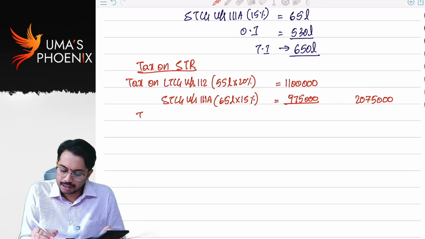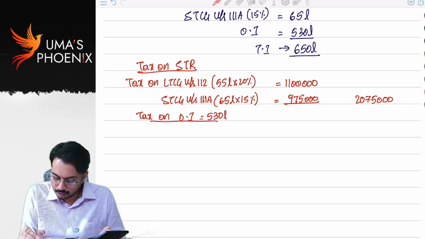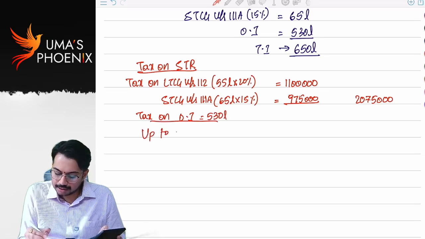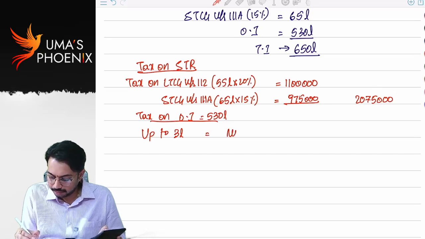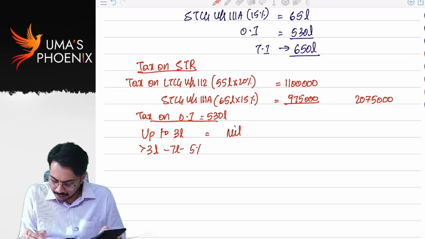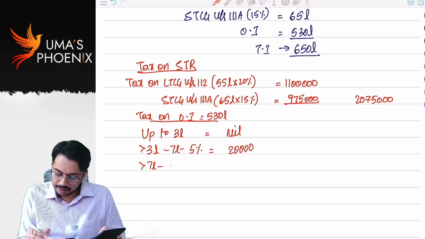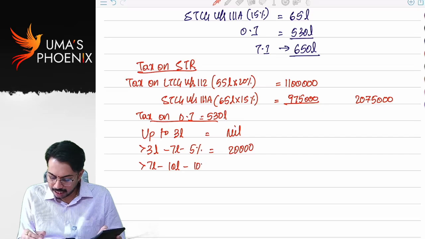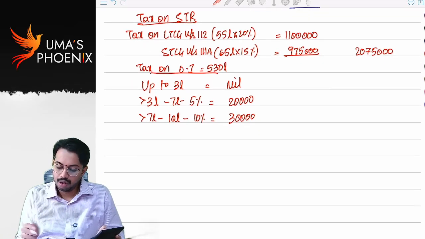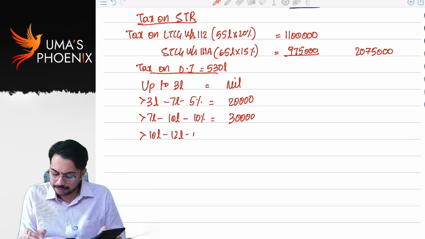Now, tax on other income being 530 lakhs. Up to 3 lakhs, tax amount is nil. Greater than 3 lakh, up to 7 lakh, tax rate is 5%. Tax amount is 20,000. Greater than 7 lakh, up to 10 lakh, tax rate is 10%. Tax amount is 30,000. Greater than 10 lakh, up to 12 lakh, tax rate is 15%.